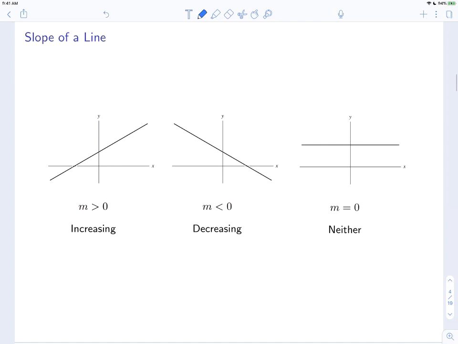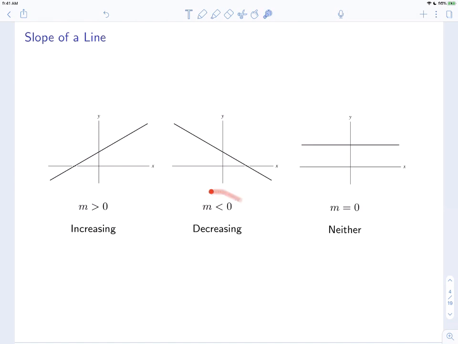The slope of the line tells you if the linear function is increasing or decreasing. If the slope of the line is positive, like you see here, that means that the linear function is increasing. As x goes from left to right, the y values get larger, moving upwards. So what that means is that your function is increasing.